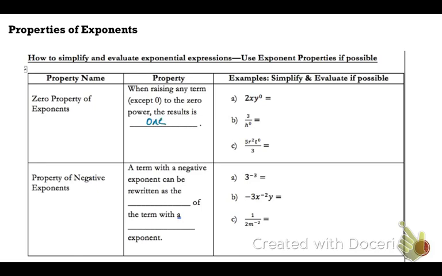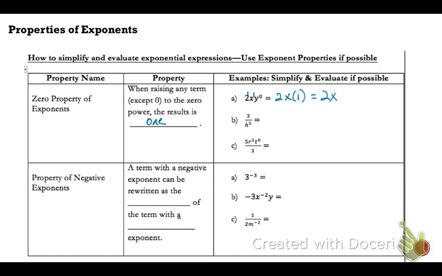Now only the term or number that is raised to the zero power becomes 1. So for example, in A, 2 times x times y to the zero power. Technically 2 is to the first power, x is to the first power, and it's only y that's to the zero power. So only y becomes the number 1. So 2x times 1 is simply 2x.